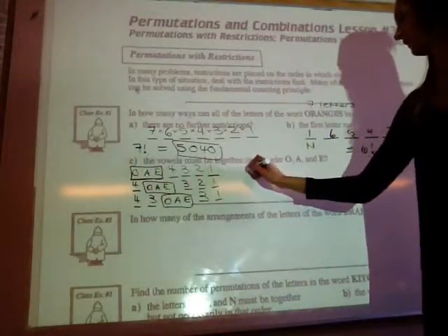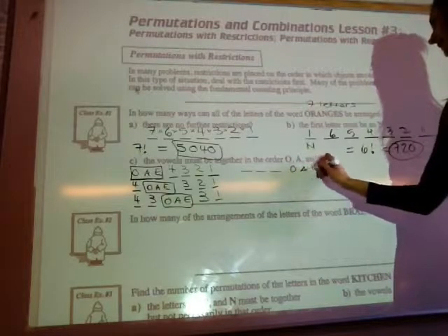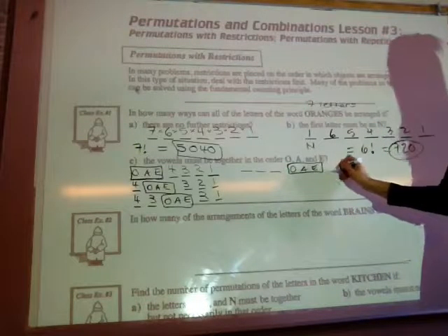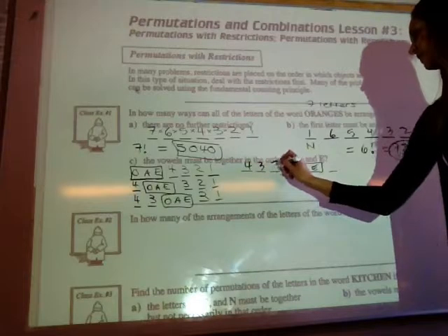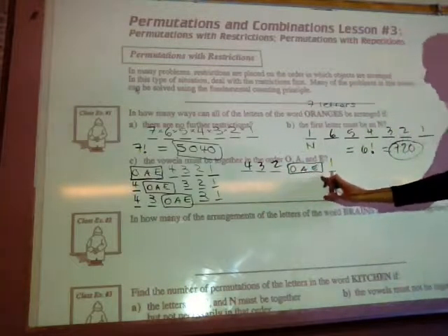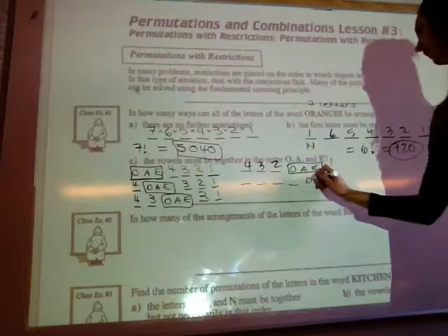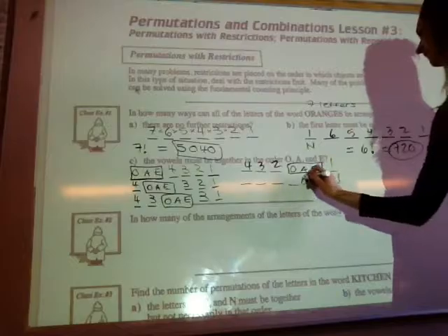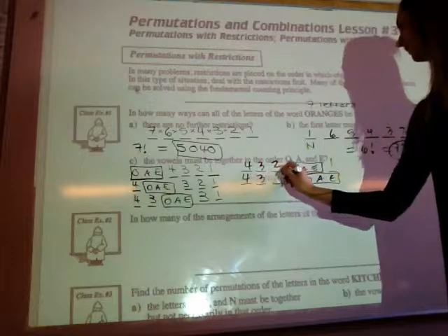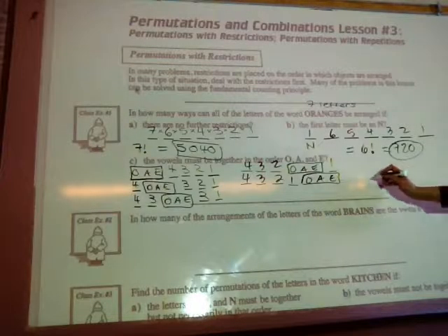Then we could have 3 letters first, then OAE, and 1 following, with 4, 3, 2, 1 as our choices. And the last scenario is if OAE takes the last place, so 4 letters first, and then OAE: 4, 3, 2, 1. So basically we're seeing 4 factorial how many times?